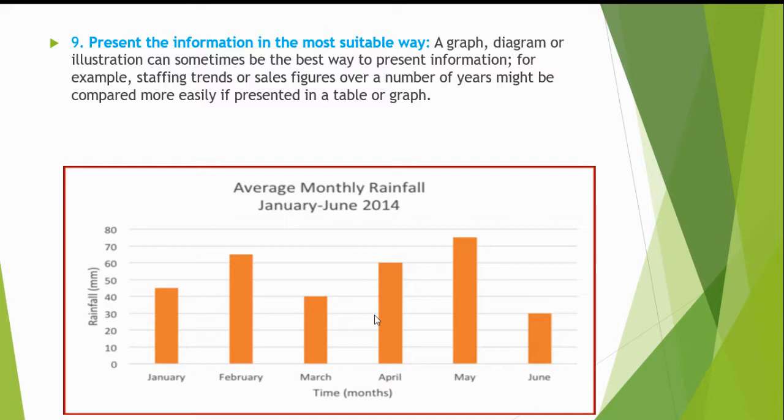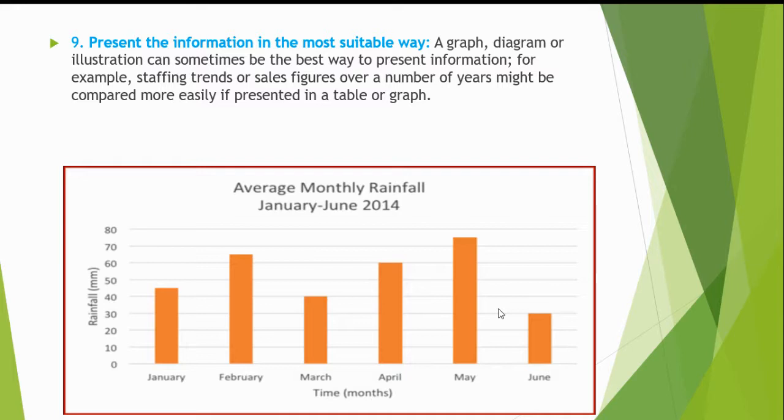Here I am bringing an example, that is the average monthly rainfall from January to June 2014. The rainfall in millimeter, and the name of the month are on the horizontal line and the other line.